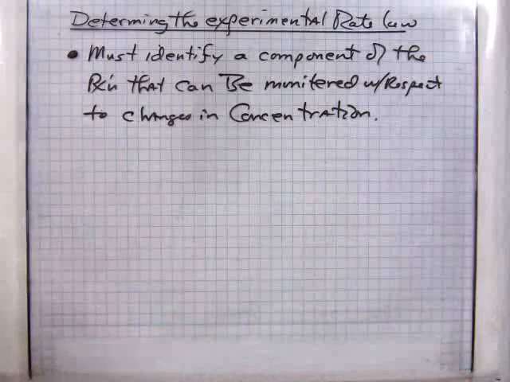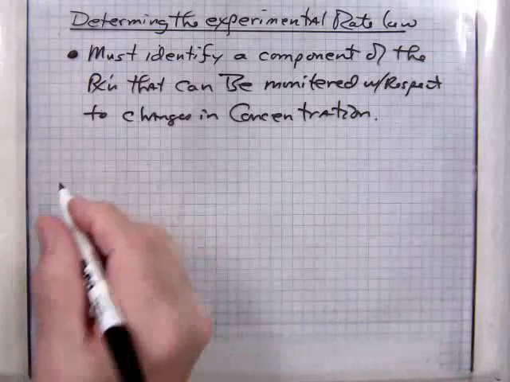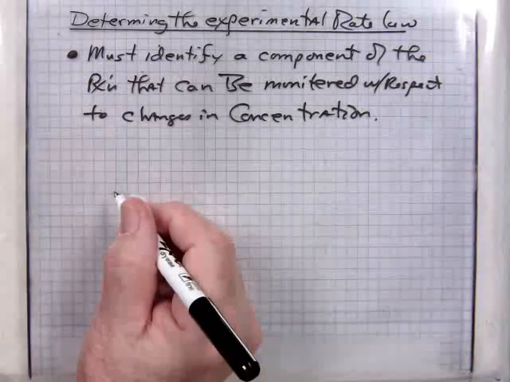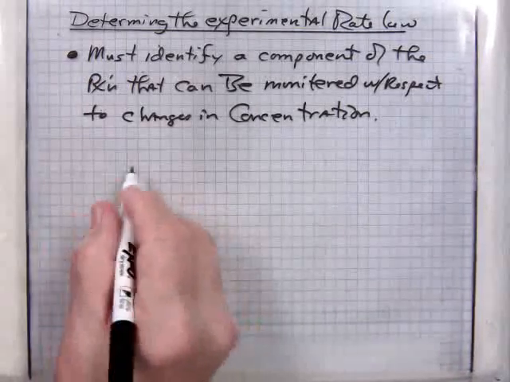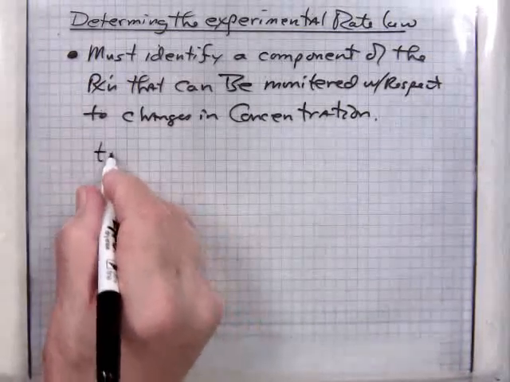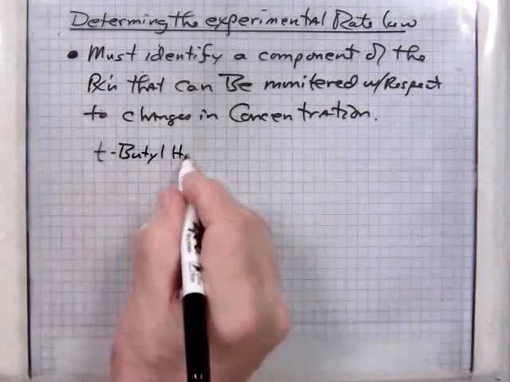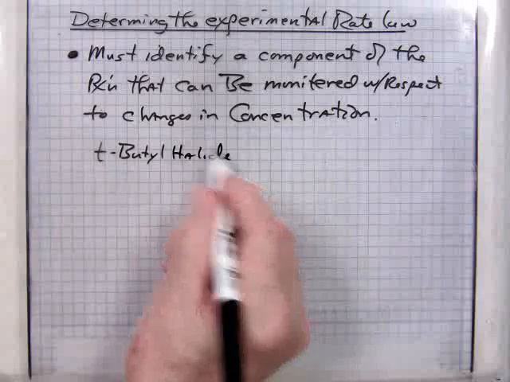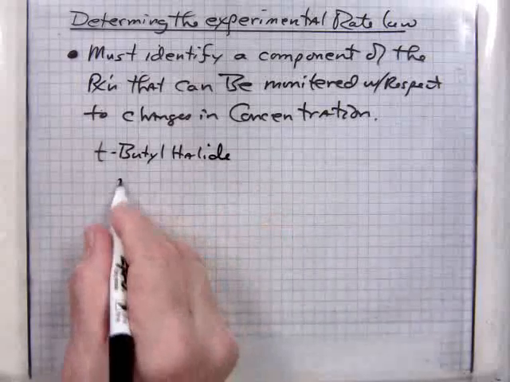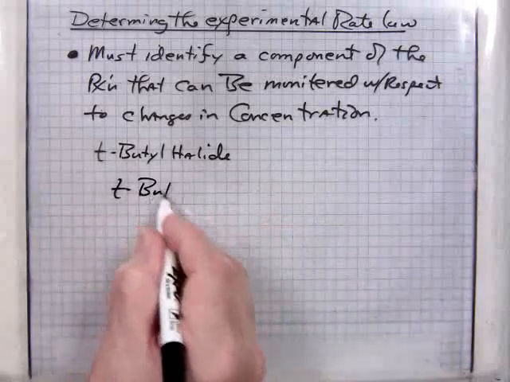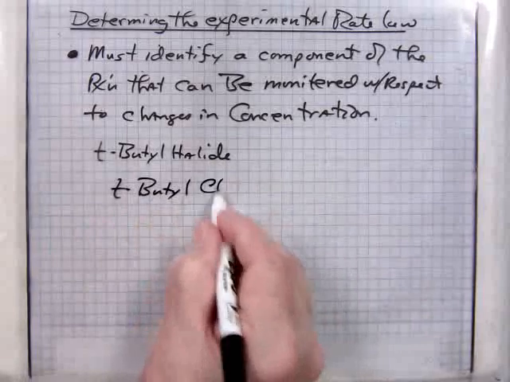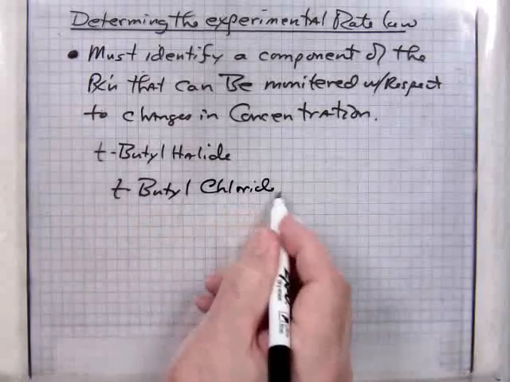For example, the demo I'm going to show you on Monday is the solvolysis of what we call a T-butyl halide. One example is T-butyl chloride.